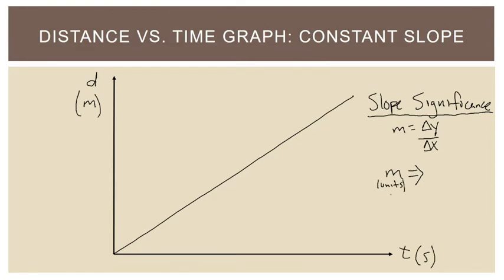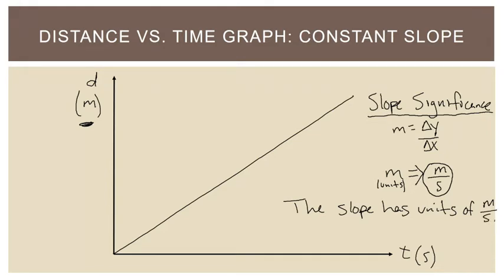can be found by taking the y-axis units, which are meters, and dividing them by the x-axis units, which are seconds. And so we can say here, the slope has units of meters per second.